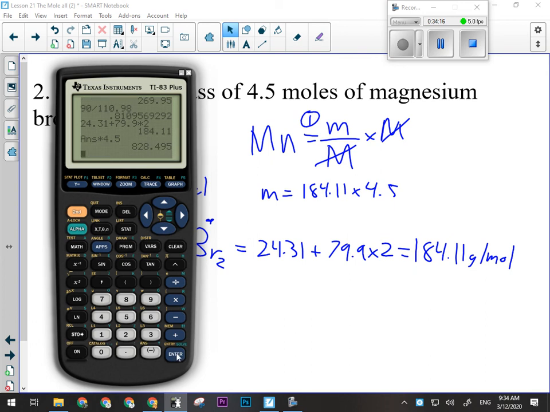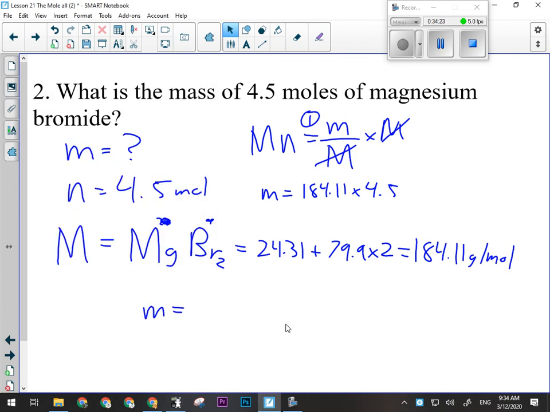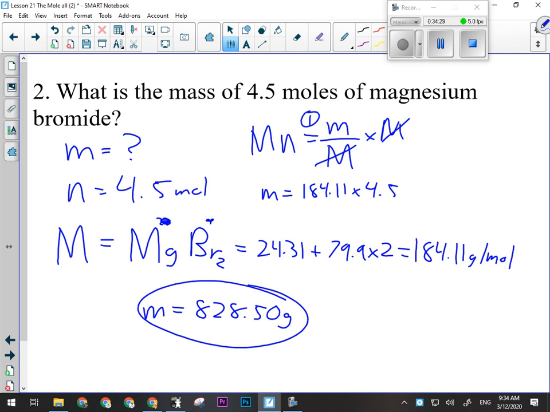So that means we have 828.50 grams. Everybody all right with that one?